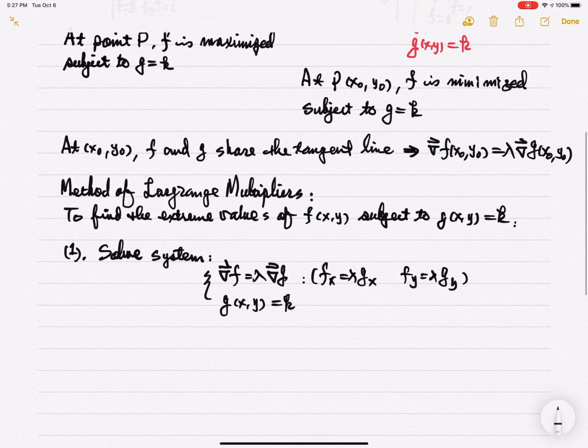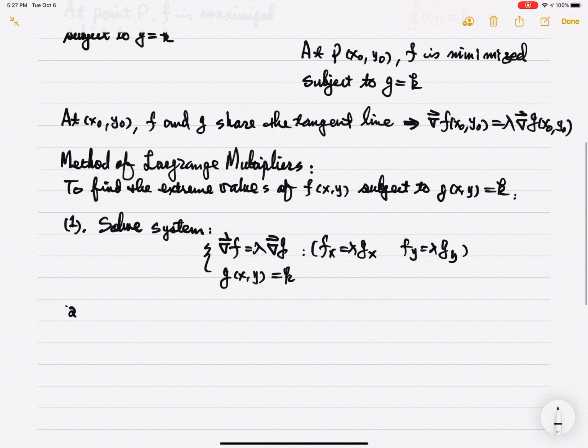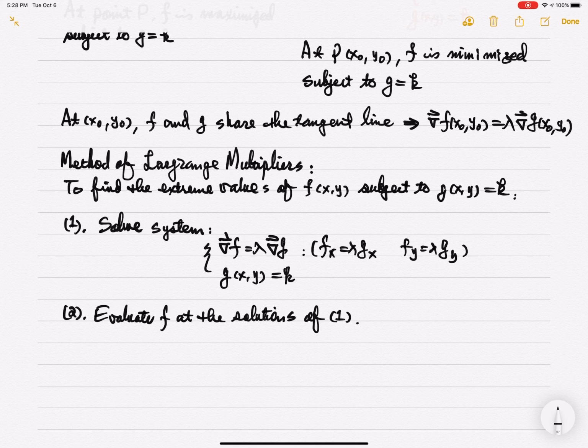Okay, and then second part, we just evaluate f at the solutions of step 1.